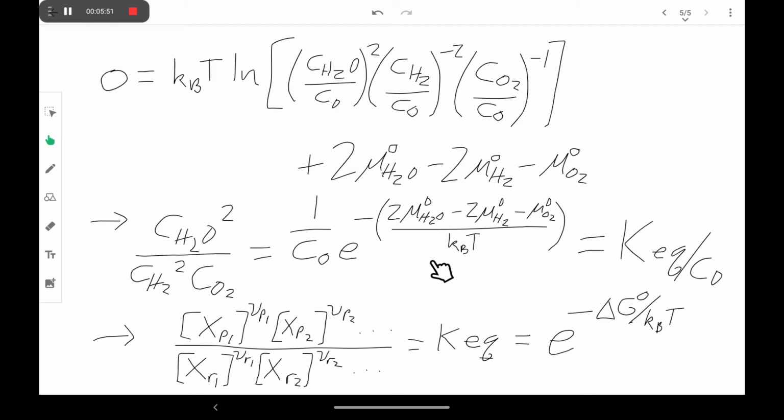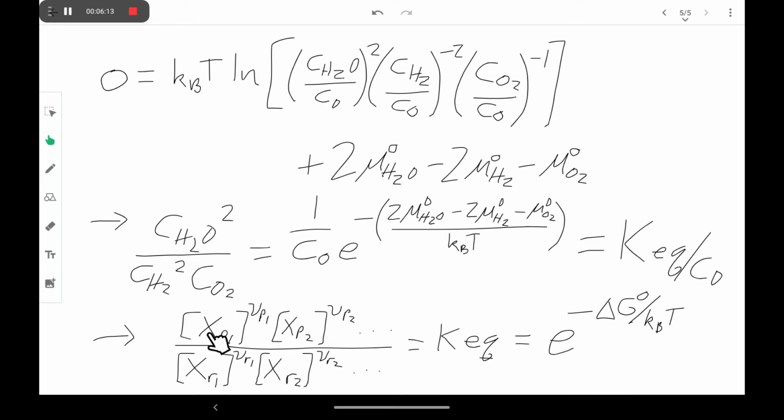The same process leads to what we call the mass action rule, and that's for any chemical reaction. Using the notation talked about in the book, where these brackets describe the concentration relative to 1 molar, we get this.